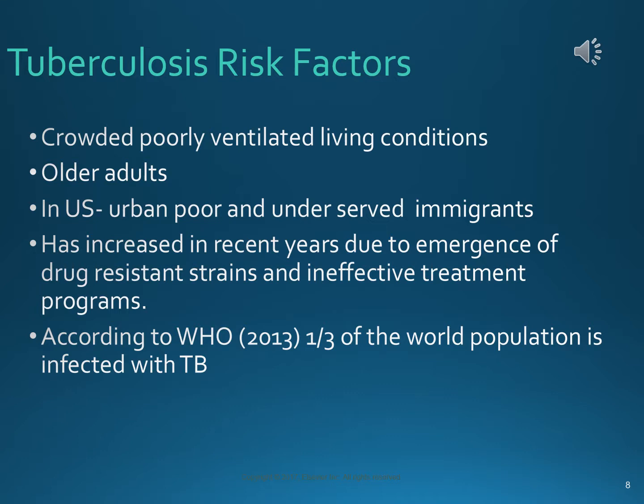Lately, TB in general has increased because of an emergence of drug-resistant strains and ineffective treatment programs. This is not true in the US, but if you look worldwide, 1/3 of the world population is infected with TB. That's a lot.